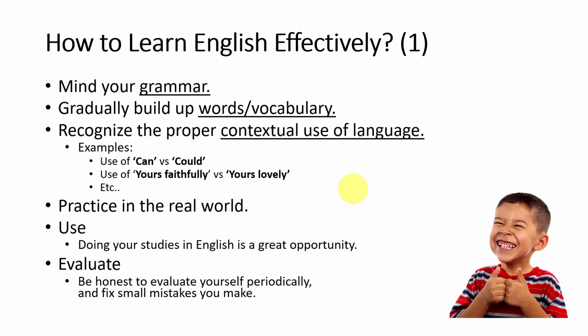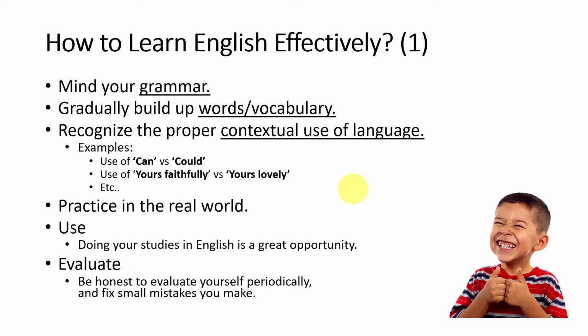And let's try to come up with a proper strategy to learn and use the English language in an effective manner. So first of all, mind your grammar. We all know that grammar is binding everything together and it greatly affects your confidence. And also it's a small, easier task.